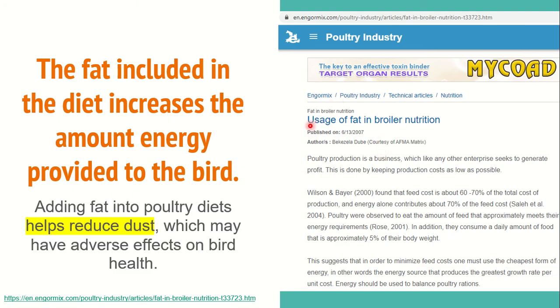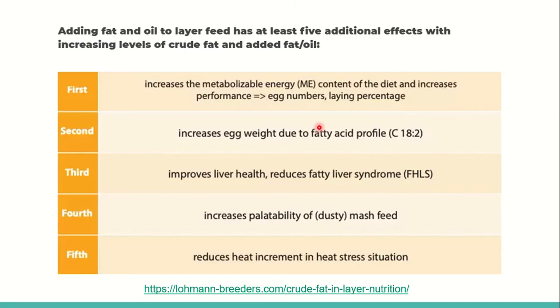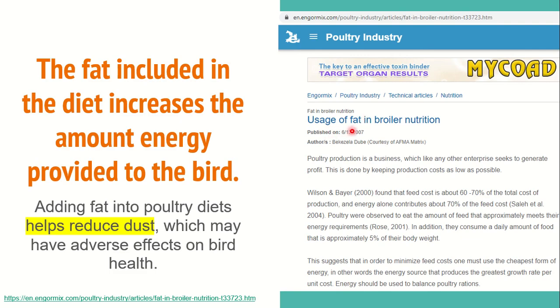Another study. So yun, yung tiningnan natin dito is in layer feeds. Dito naman sa broilers. So usage of fat in broiler nutrition. So this study was conducted in 2007 by Dube. Okay, so Dube. And nakita nila na yung fat included in the diet increases the amount of energy provided to the bird.